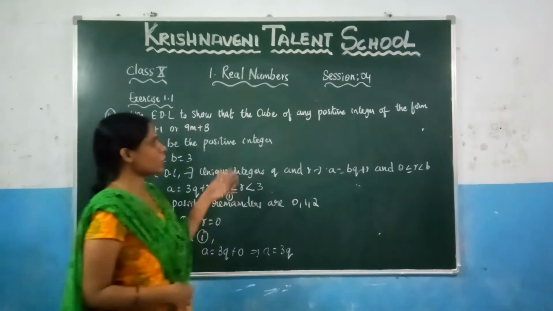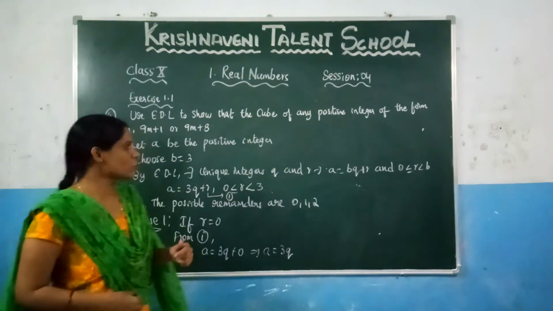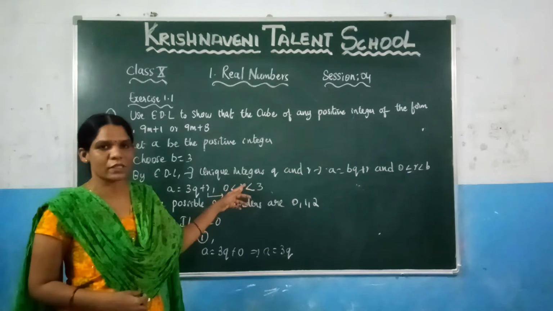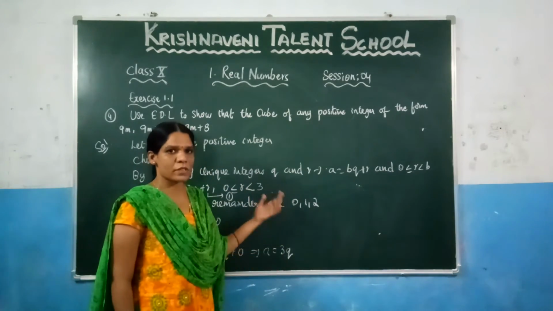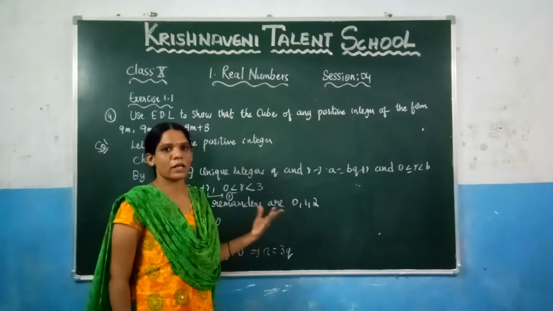Now what we need to prove is the cube of any positive integer. Here a is the positive integer, so you need to show that a cube is in the form of 9m, 9m plus 1 or 9m plus 8.